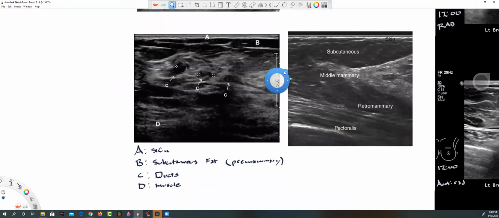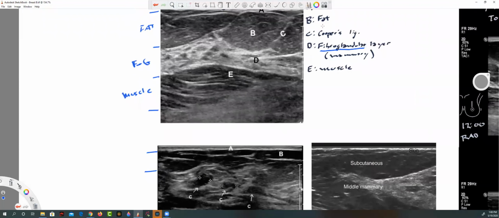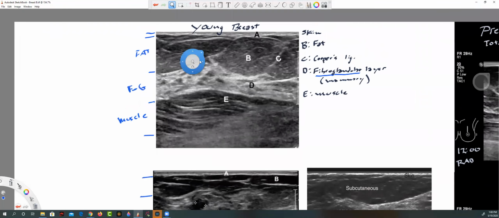As we come down, this imaging is a little dark for my taste. They made the retro, I'm sorry, the premammary layer. This fatty layer is the other thing it's called. This layer B here is fat also. That's premammary.